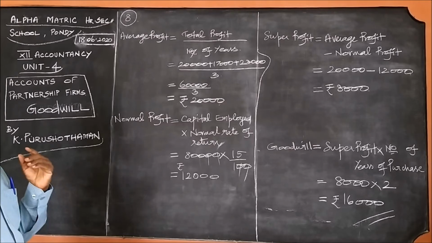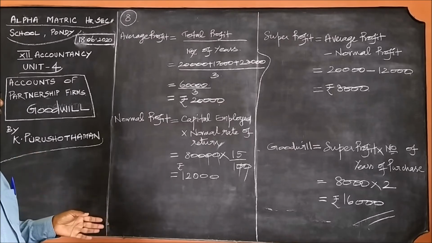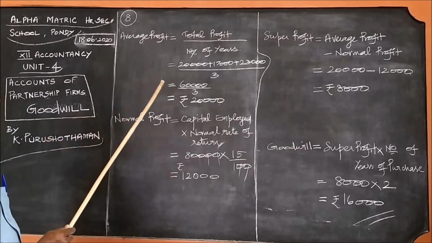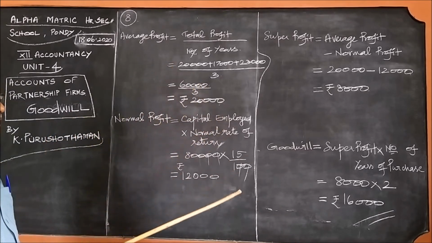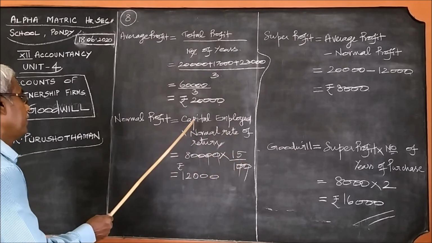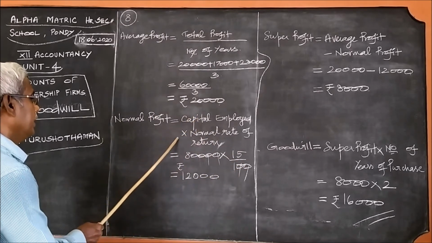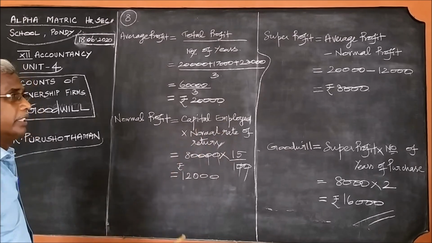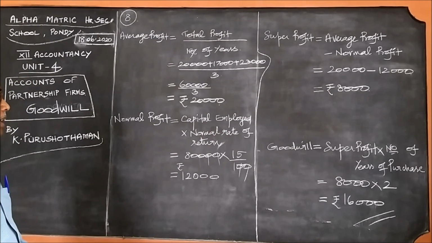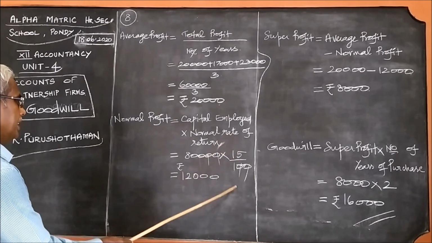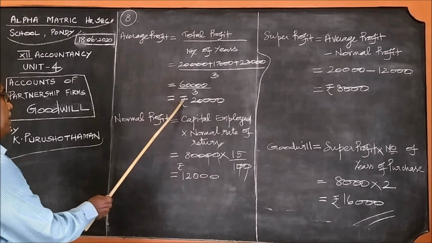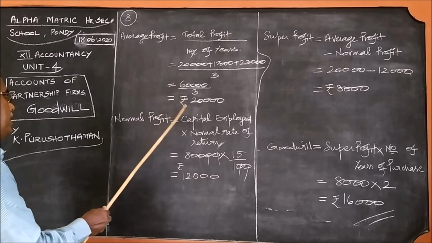But in this problem, the capital employed is readily given. So what is the amount of capital? 80,000, into normal rate of return, which is given as 15%. The risk is nothing but the normal rate of return, 15 by 100. If you simplify, 12,000.